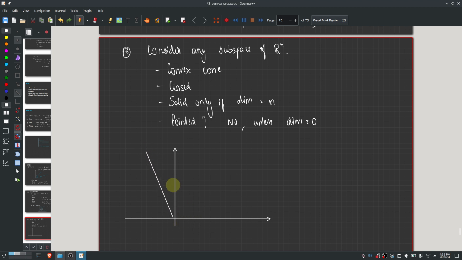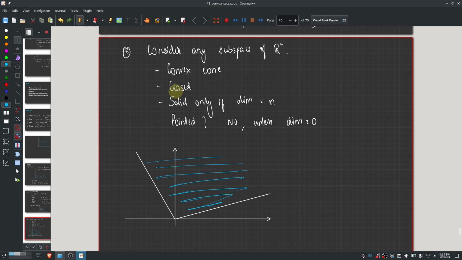So basically, I just take two rays and the entire region in between those two rays, the region enclosed by these two rays. So when would this still remain a proper cone? No matter how I chose these two rays, as long as they are two distinct rays and I take the entire region in between them, it will always be convex. It's always guaranteed to be convex.